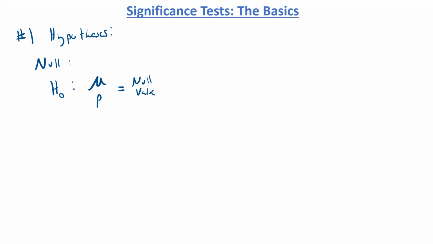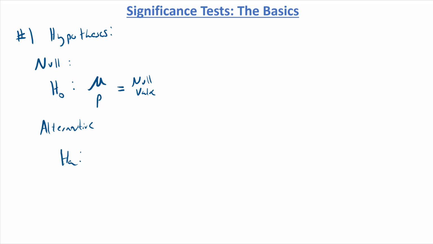Now, you're going to have your alternative. So your alternative, and that is your H subscript A. Now in this case, there could be a couple different things with this.